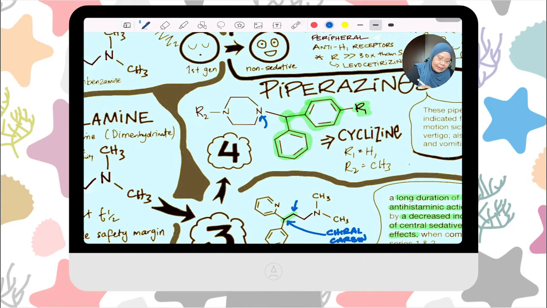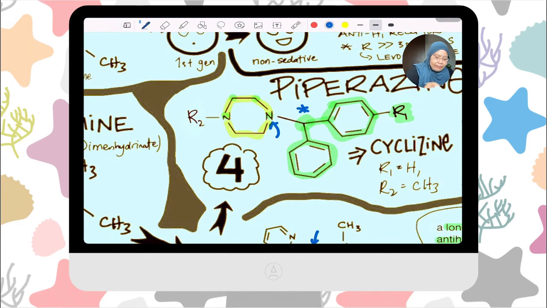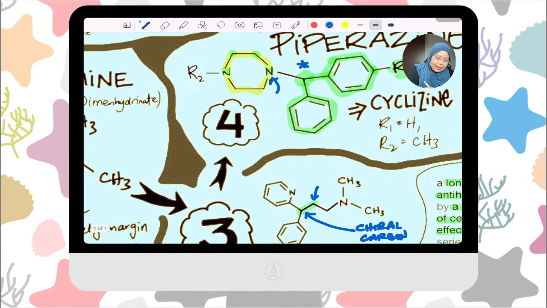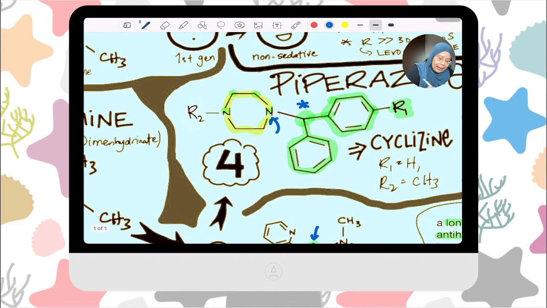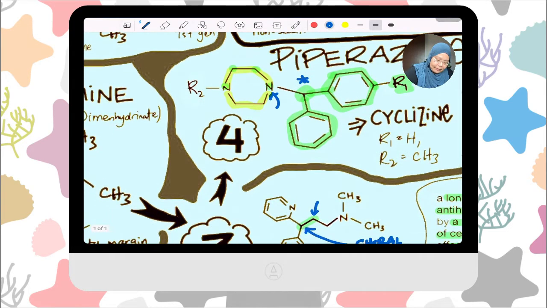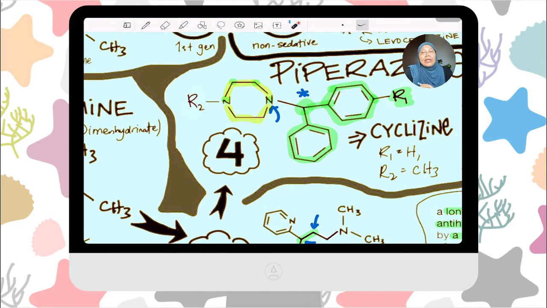In this family, let me use the yellow highlighter. The difference now is in the linker. This is a simple straight alkyl chain, but here is a ring, and from the chiral carbon we have 4 atoms away from the terminal end.